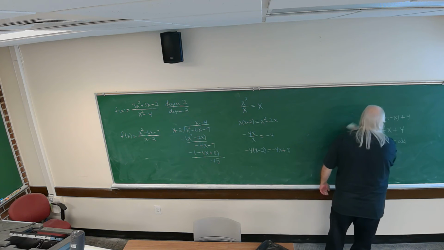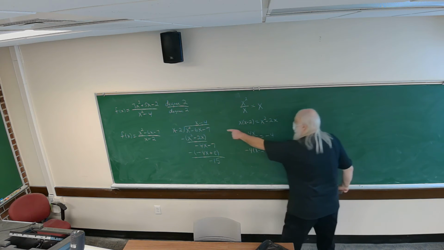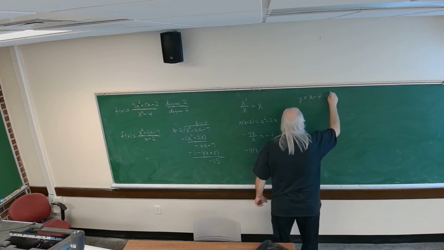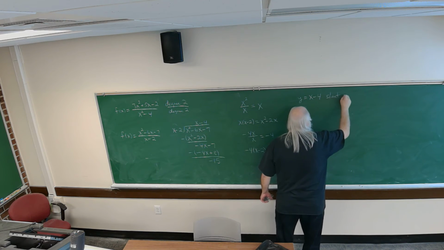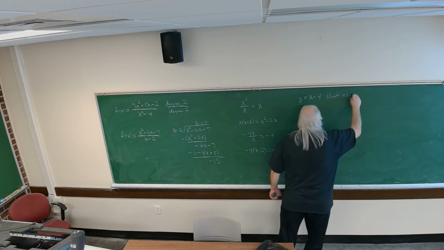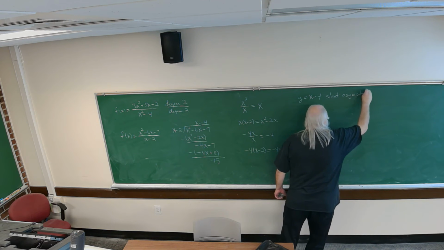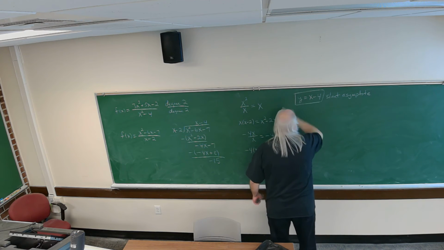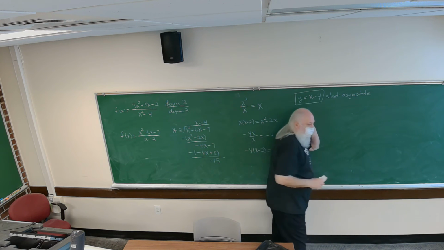So the quotient, x minus 4, is the equation of the slant asymptote.